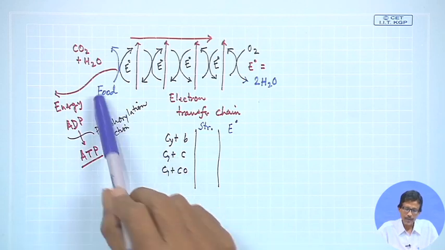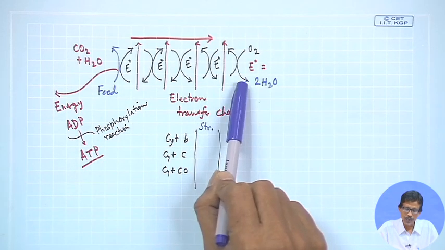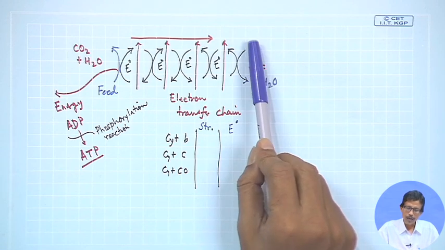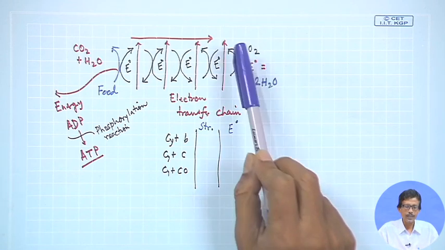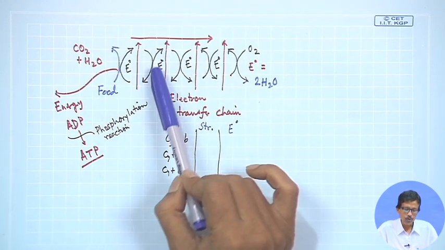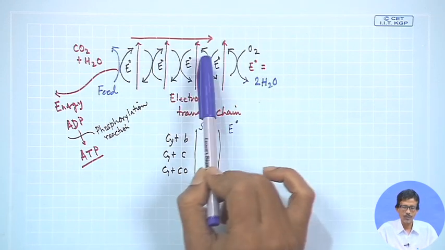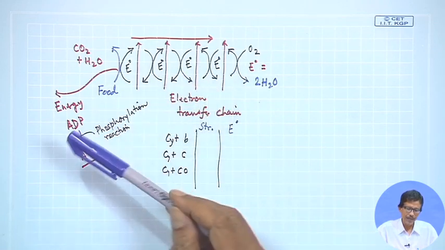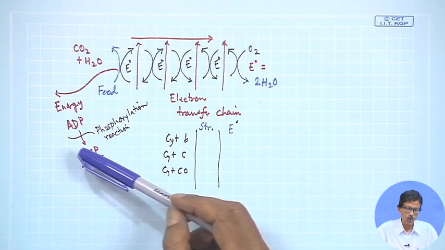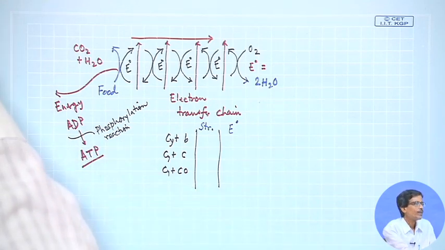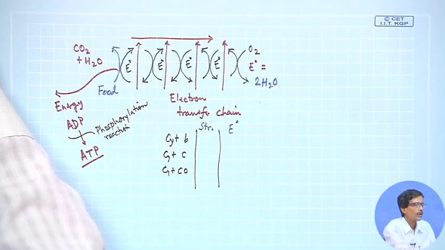The E0 values progressively increase until they reach the dioxygen water couple. So, we can consider these as good redox mediators, which are coupled nicely such that the required number of ATPs are also synthesized during this transfer.